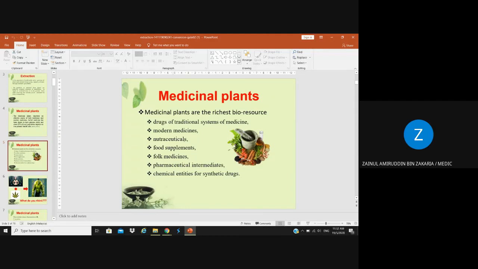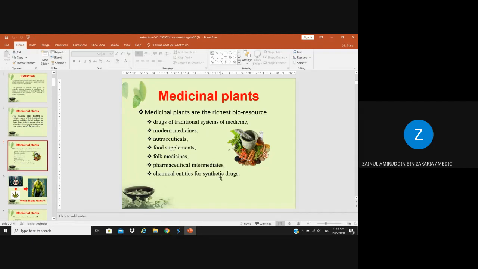They are also a source of nutraceuticals, food supplements, and they are used in folk medicine as well. And they are also used as a pharmaceutical intermediate, and also as a source to produce synthetic drugs.